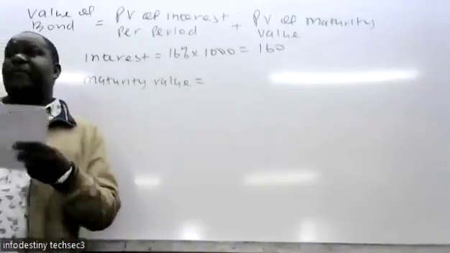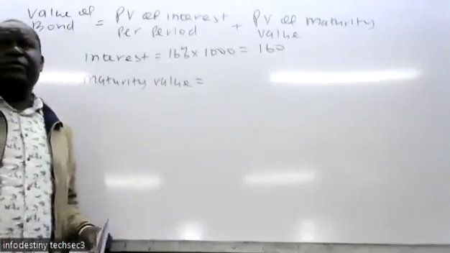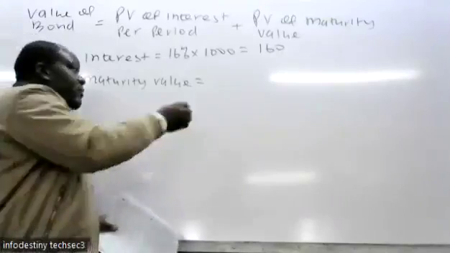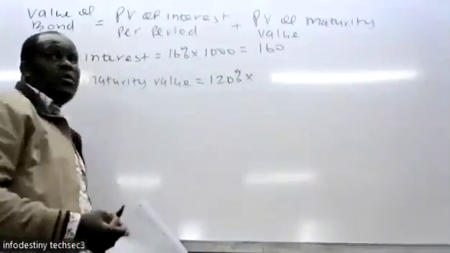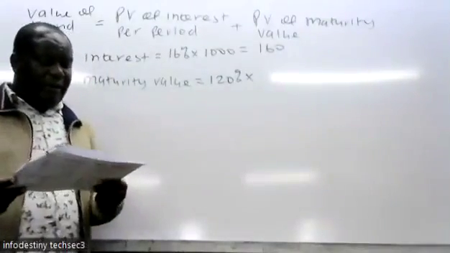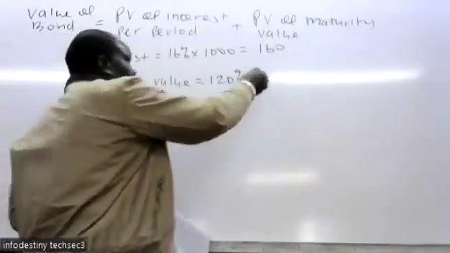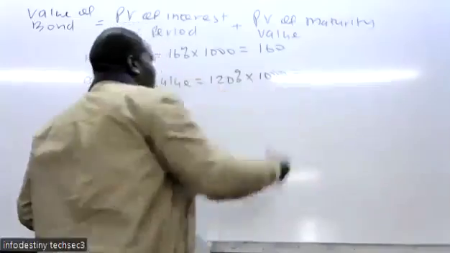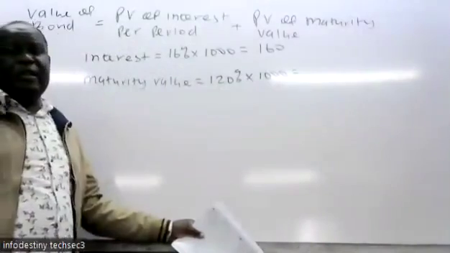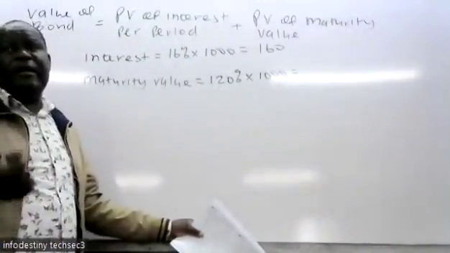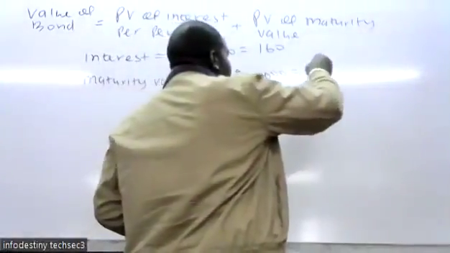Because it was redeemed at a premium, the maturity value during the redemption period will be 120% of the par value. The par value was 1,000, so this should give us 1,200.